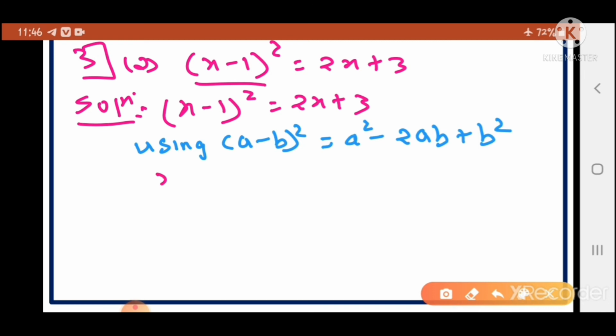So what I will get here? x square minus 2 into x into 1, that is 2x, plus 1 square, means 1 only. 1 का square 1 ही होता है, right? So 2x plus 3 I have got using this formula. Okay. So now arrange the terms. So x square, see, minus 2x and plus 2x will get cancelled.